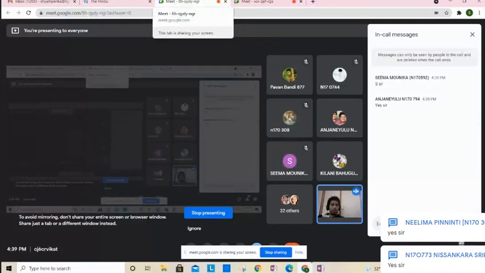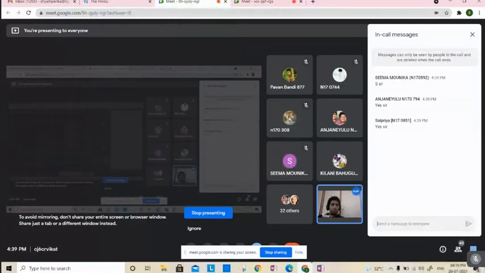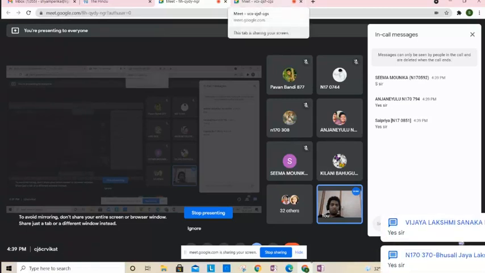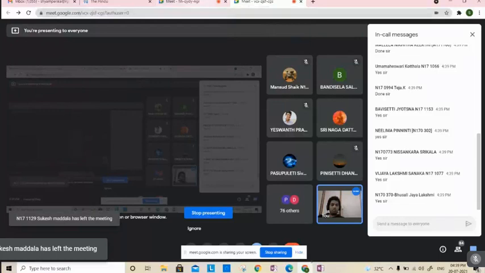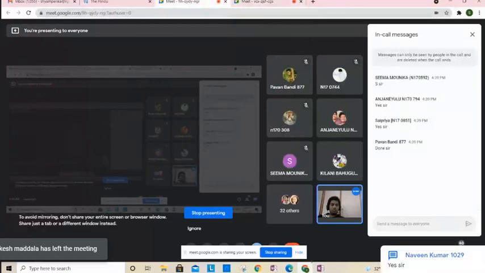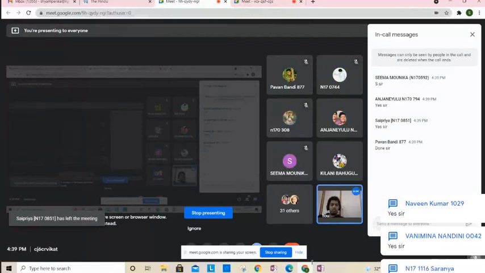What about the other batch? Only Anjaneyulu and Monica, Sai Priya. Out of 32, only 3 or 4. Pavan Bandi. Only 4 members in batch 4.